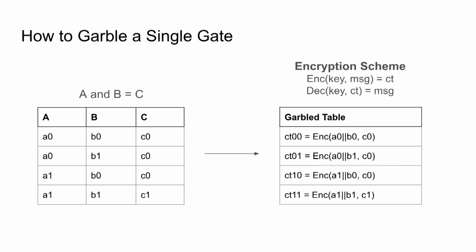So if you learn a specific input, for example, A is 1 and B is 0, then you go into the corresponding row, and you decrypt the corresponding output value. And this is how you garble a single gate. And once you know how to garble a single gate, you can compose this.